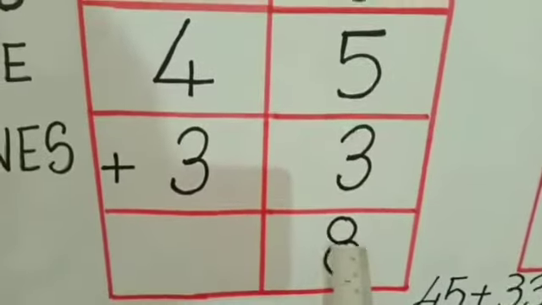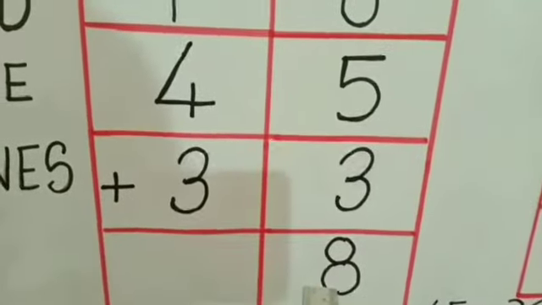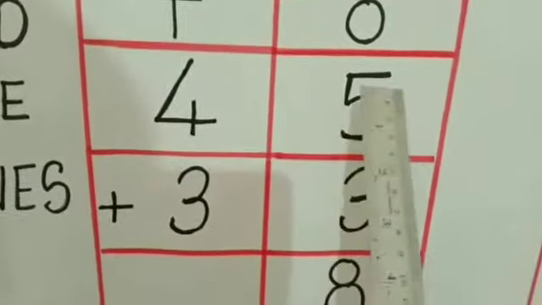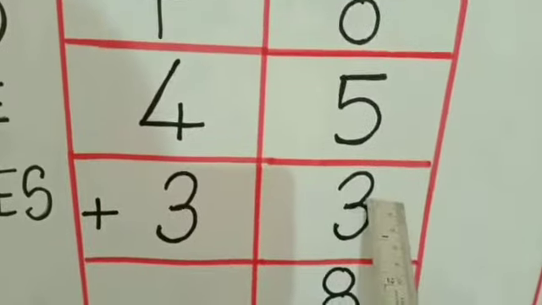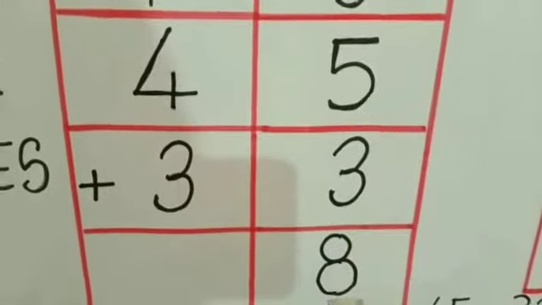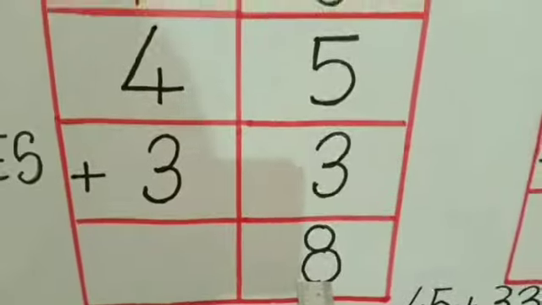So 5 plus 3 is 8. Very good, dear children. So you will add 5 and 3. After 5 what comes? 6, 7, 8. So the answer after calculating ones is 8.